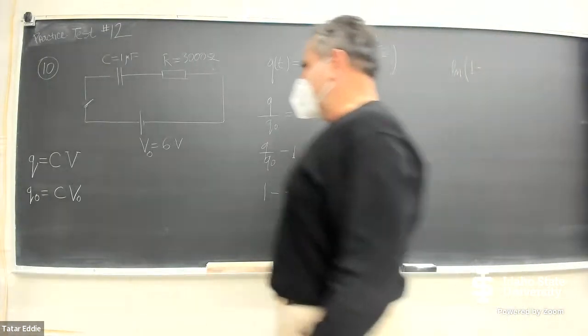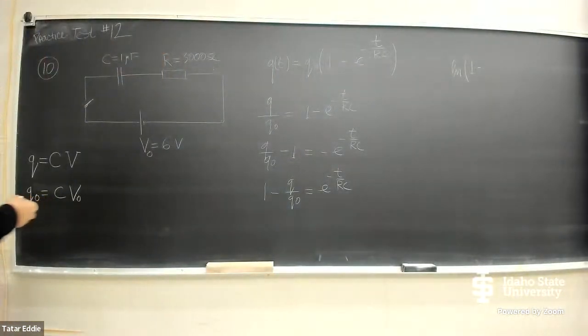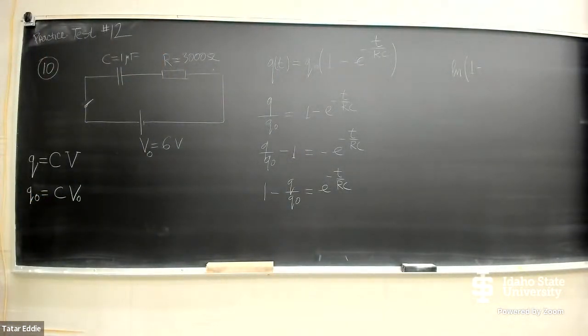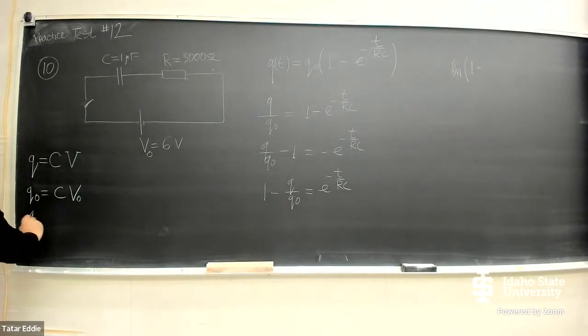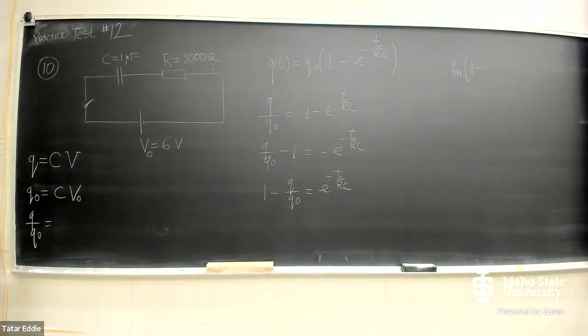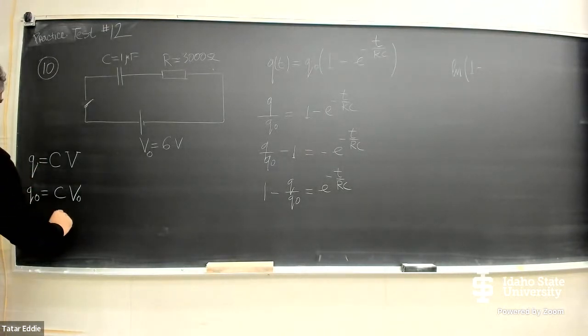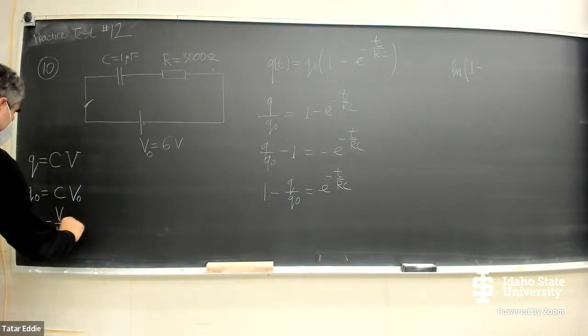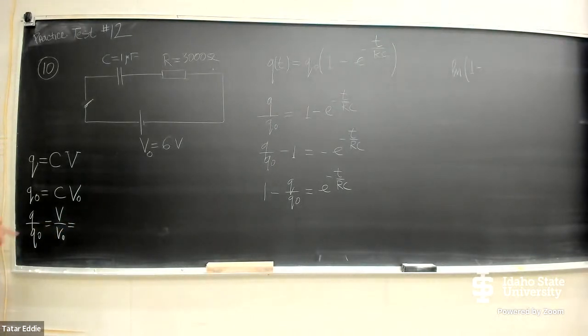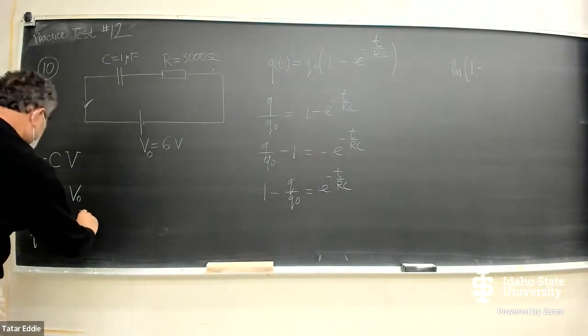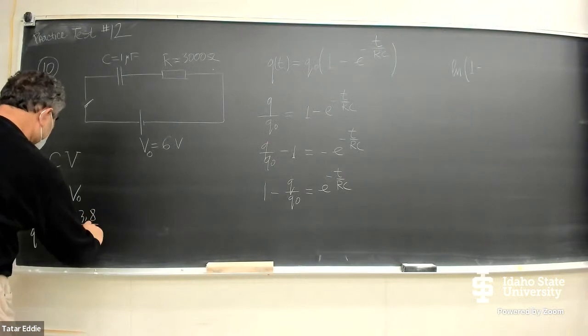Actually, Q divided by Q naught probably can be simplified, right? When you divide those two, C cancels and you have V divided by V naught. In other words, the value of this expression becomes 3.8 divided by 6.